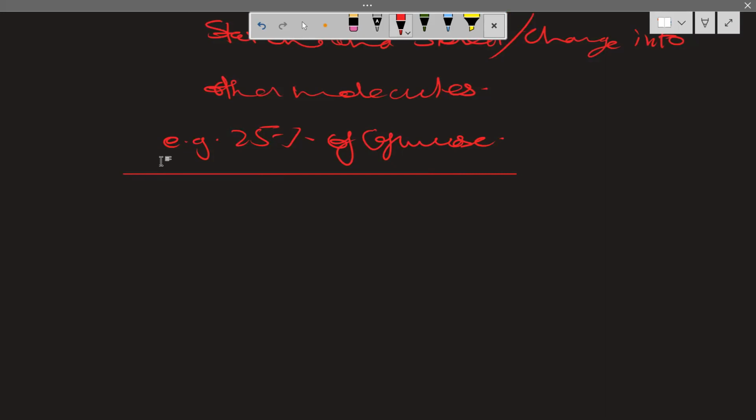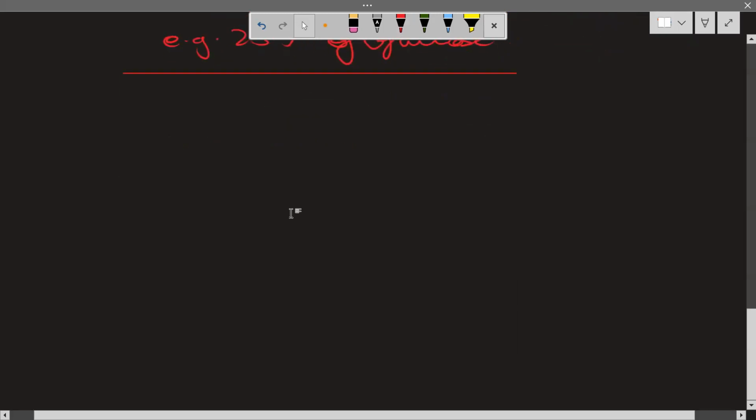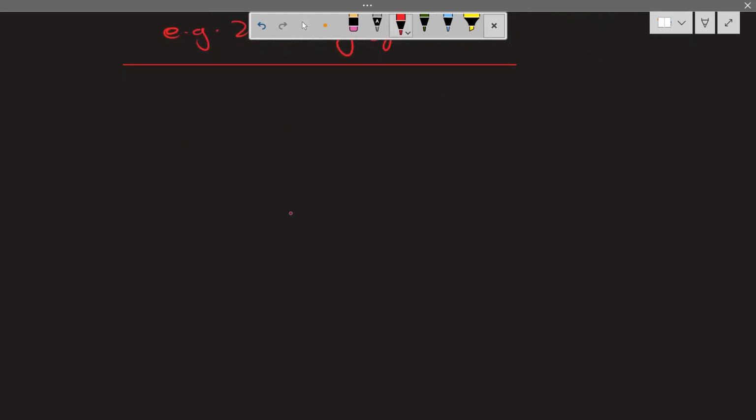Okay, and the starch is readily broken down to sucrose. So the next step which happens in photosynthesis is that the starch is broken into sucrose.